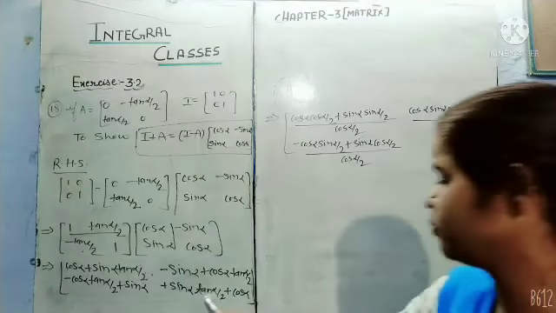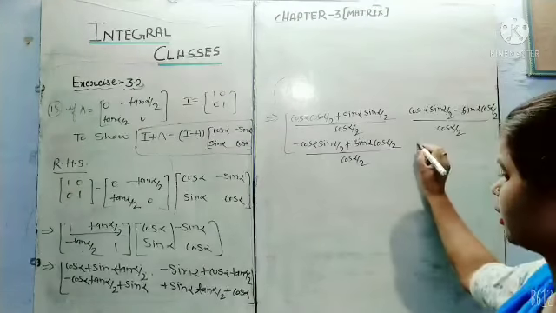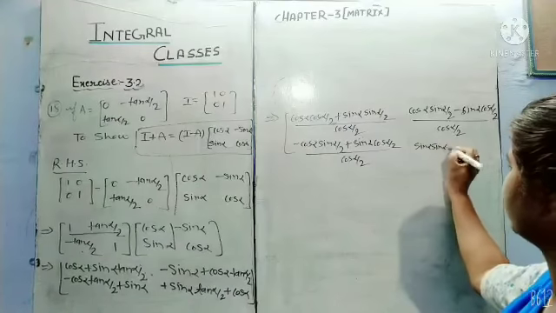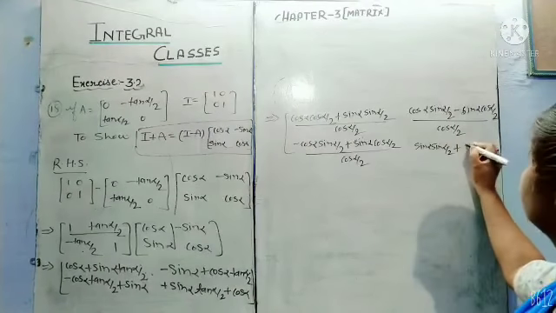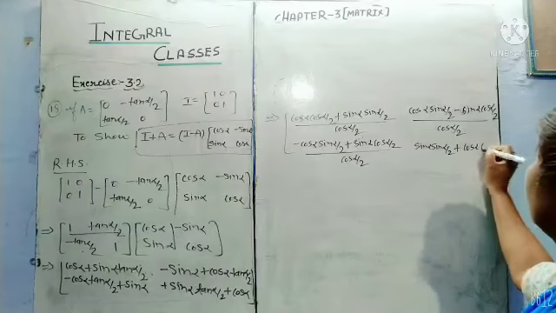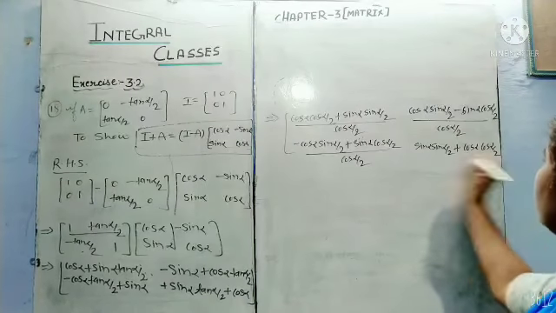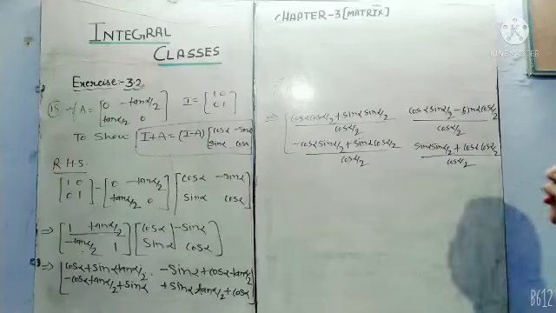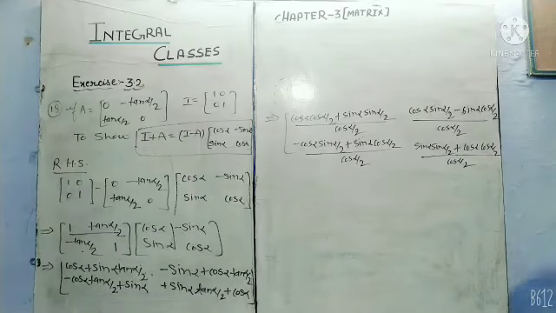So it will become again sin alpha sin(alpha/2) plus cos alpha cos(alpha/2) upon cos(alpha/2). Here student we will get this.